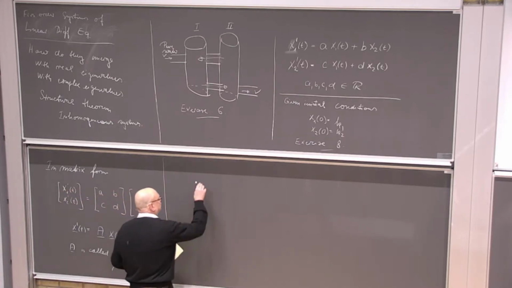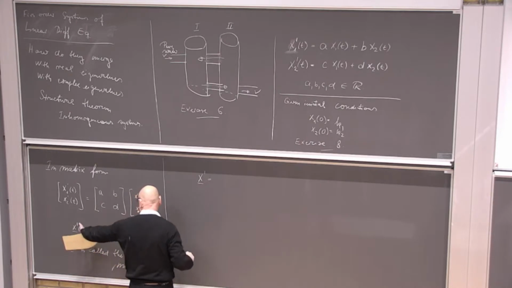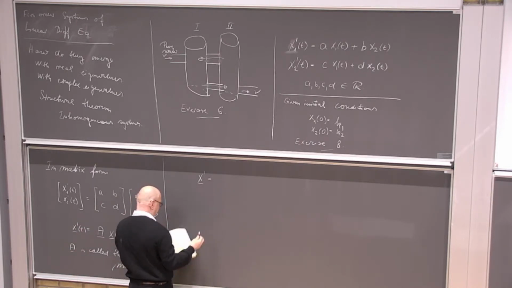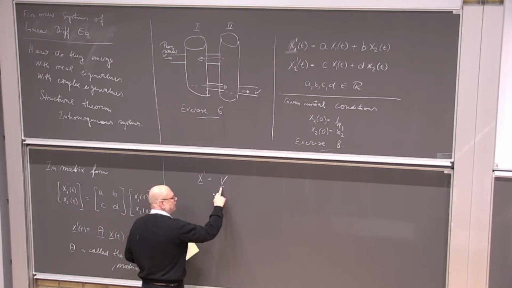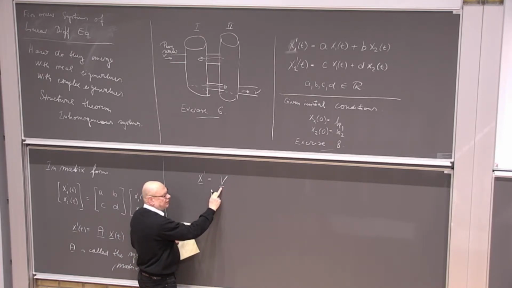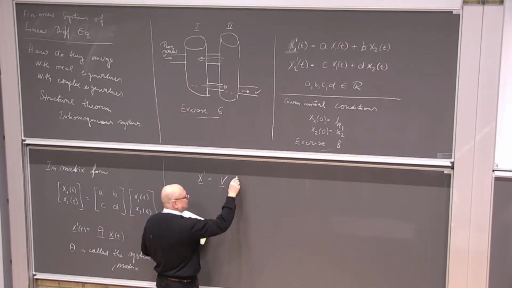So let me do that. So this is the left-hand side, and then I factorize the matrix in this way. V is a matrix where the columns are the eigenvectors corresponding to the eigenvalues.